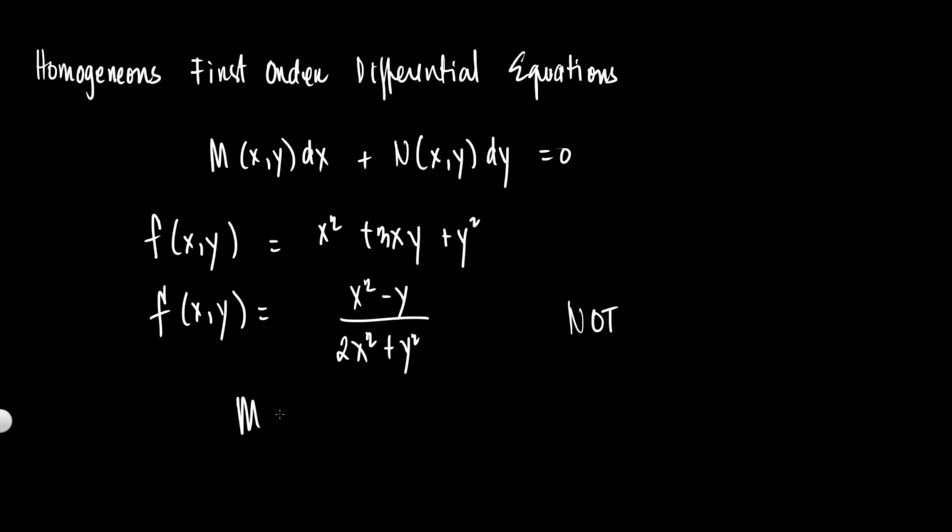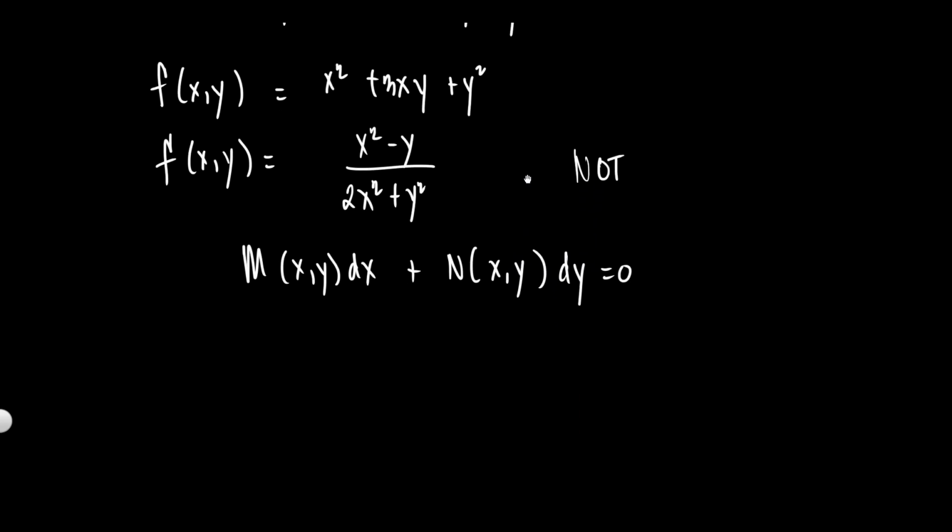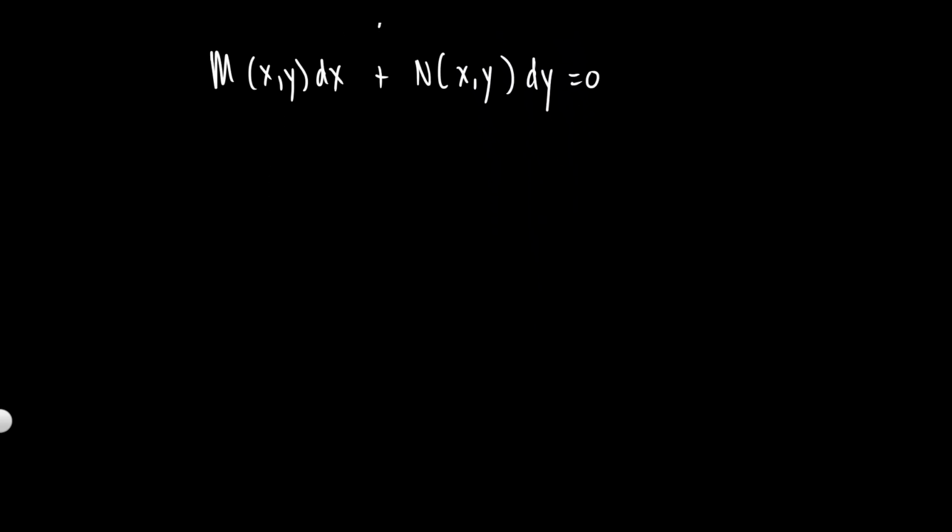Going back to the equation M of xy dx plus N of xy dy equals 0, ito yung gagamitin natin later to find the general solution. But before tayo mag-arrive dun sa separable type, kailangan meron muna tayong mga gawing substitution. If M is simpler than N, use x equals vy.